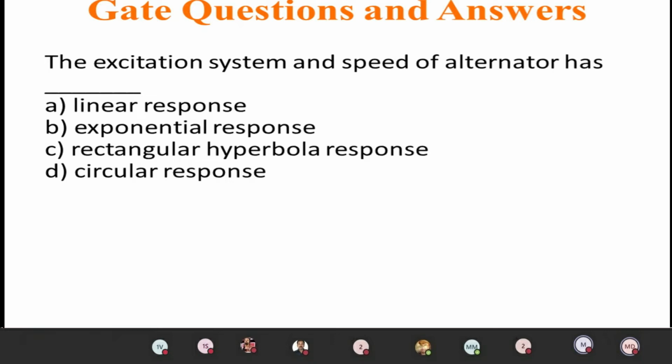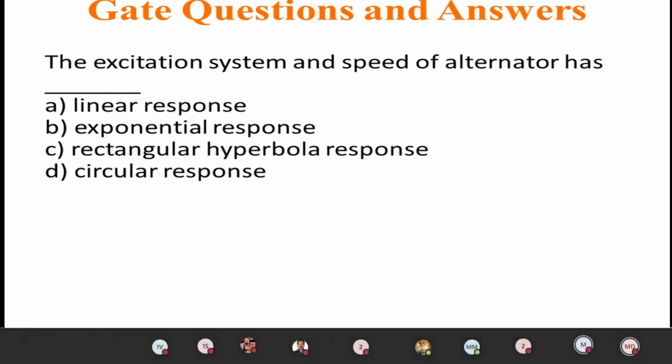Even though it is small, it helps to build the EMF, because the field system is directly dependent upon the alternator voltage. Once the prime mover starts to rotate, the field also starts to rotate.